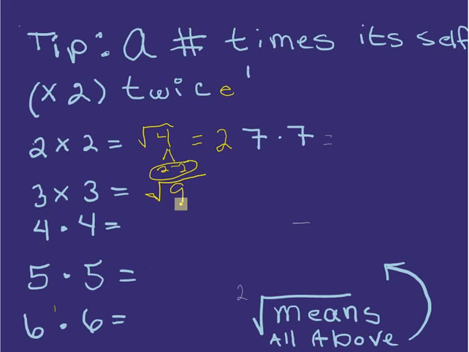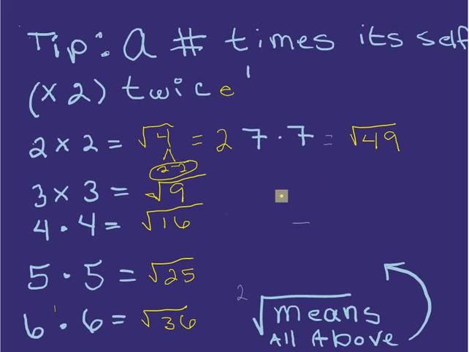So if you were to multiply that out, it'd be 3 times 3, just what you see here. 4 times 4 makes the square root of 16. 5 times 5 makes the square root of 25. 6 times 6 makes the square root of 36, and so on. We got one more. And 7 times 7 makes the square root of 49.